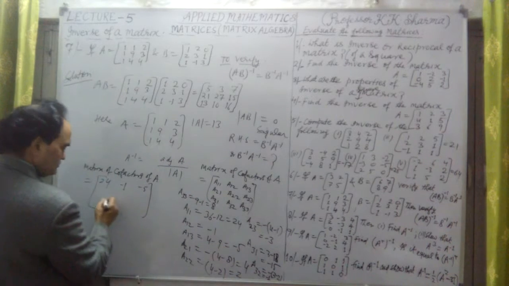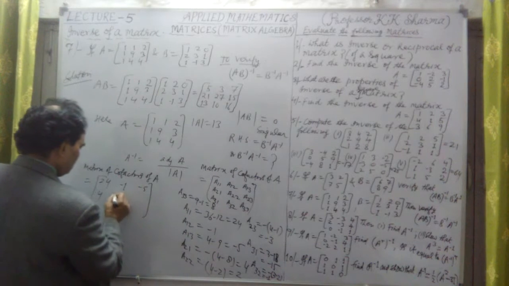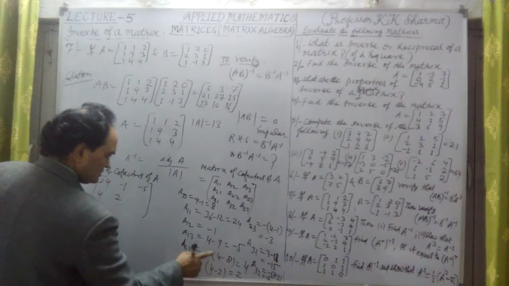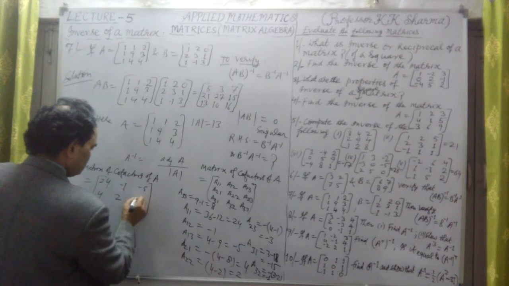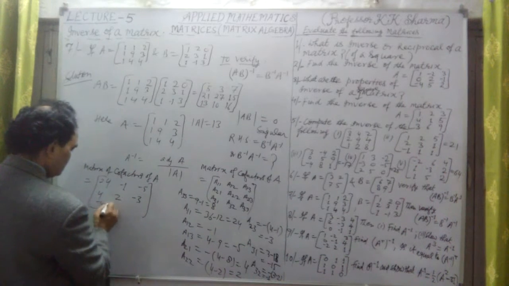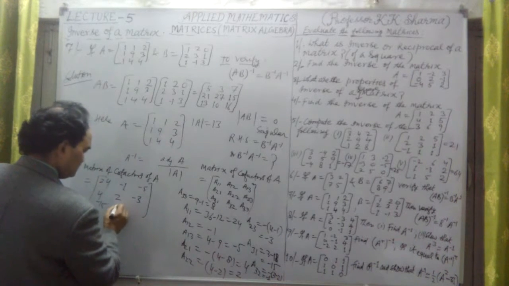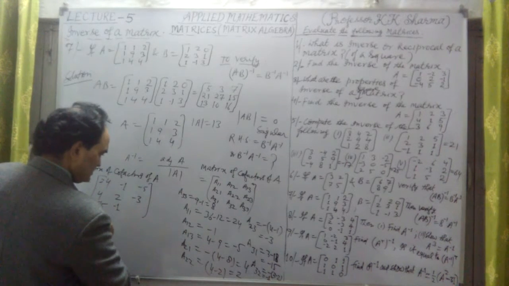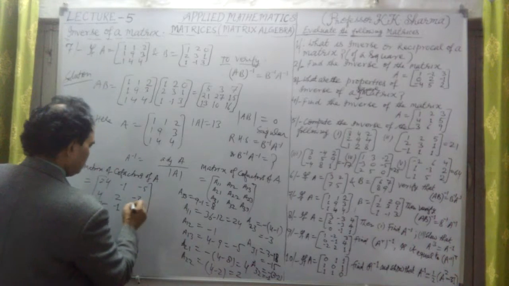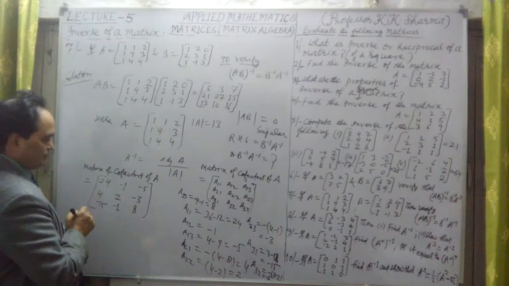A21 is 4. Then A22 is 2. Then A23 is minus 3. A31 is minus 15. Then A32 is minus 1. Okay, and A33 is 8. Positive value 8. These are the cofactor values.